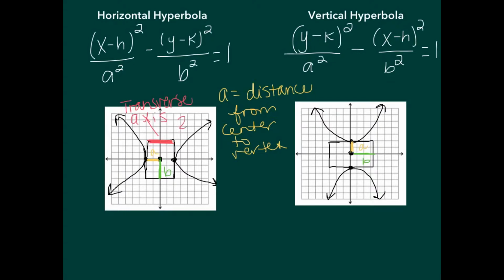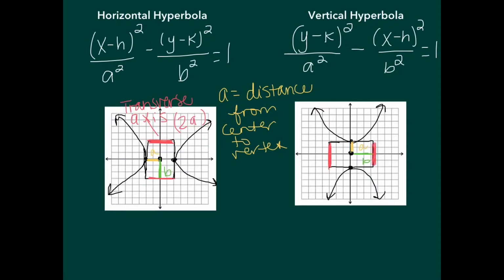That's the length: 2 times a, because this is a, and another a, that's 2a. And if it's a vertical hyperbola, your transverse axis is still between the two vertices like that. So these are transverse axes.